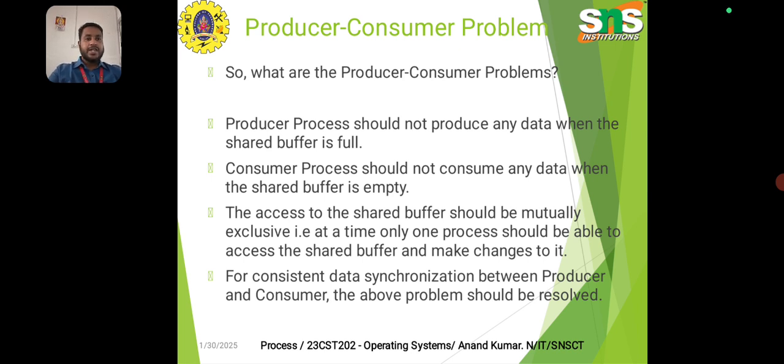The access to this shared buffer should be mutually exclusive, that is, at a time only one process should be able to access the shared buffer and make changes to it. For consistent data synchronization between producer and consumer, the above problems should be resolved.